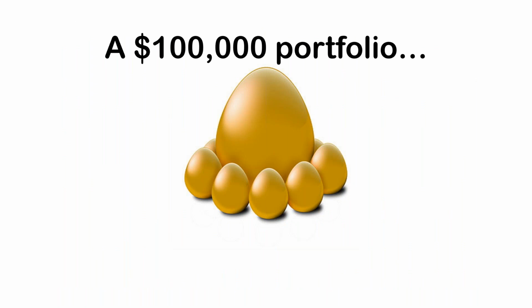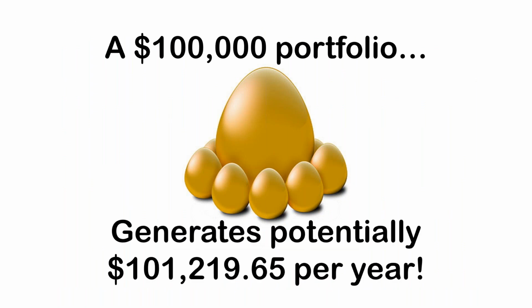The other cool part about this is, what if you have $100,000 in your portfolio? That means every year you're going to generate $101,219.65 per year by focusing on just 6% growth in your portfolio every month. Totally a focusable goal, right?